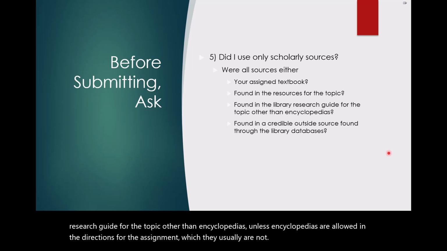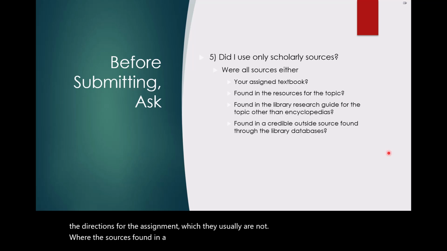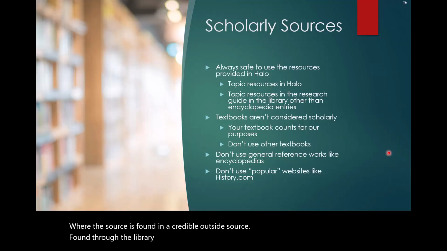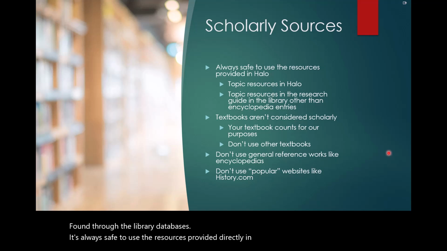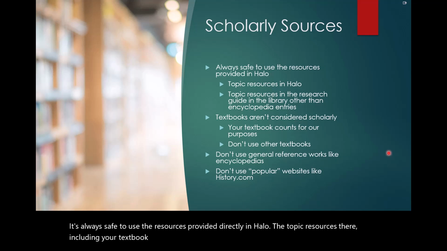Were the sources found in a credible outside source found through the library databases? It's always safe to use the resources provided directly in Halo. The topic resources there, including your textbook, are fine. They will count as scholarly sources.